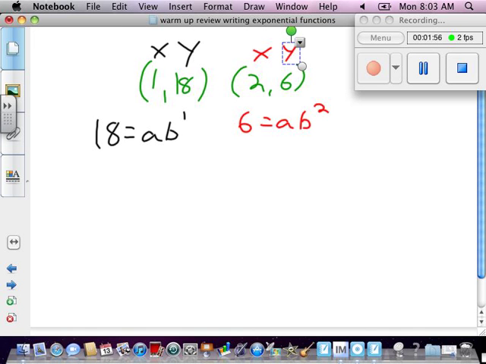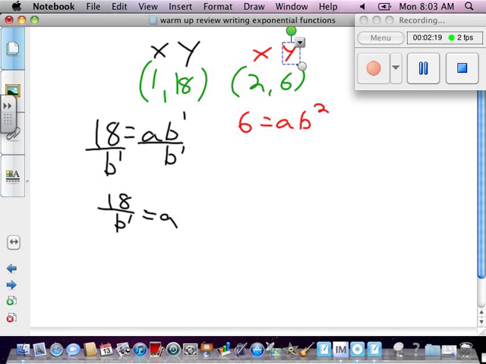My next step is to do what? You gotta divide, because we're getting a alone. So we divide by b to the first: 18 over b to the first equals a.